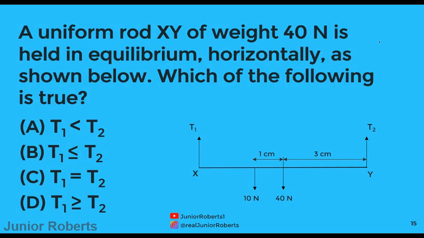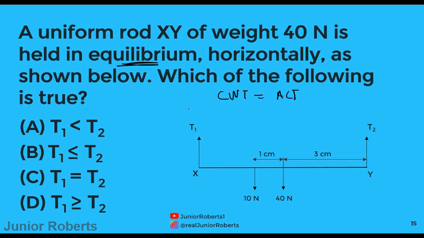Now this question says, a uniform rod XY of weight 40 Newton is held in equilibrium horizontally as shown in the diagram below. Which of the following is true? This question says that the uniform rod is held in equilibrium. We know from the principle of moments that when a system is in equilibrium, the sum of the clockwise moments is equal to the sum of the anti-clockwise moments about the same point.